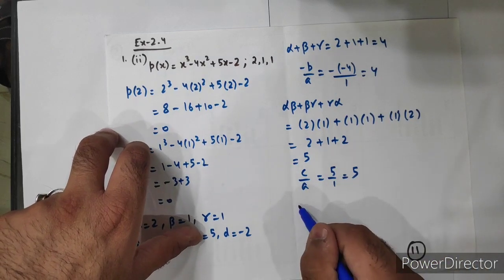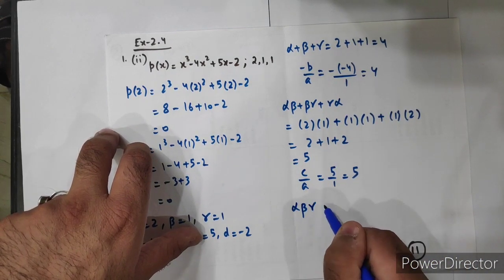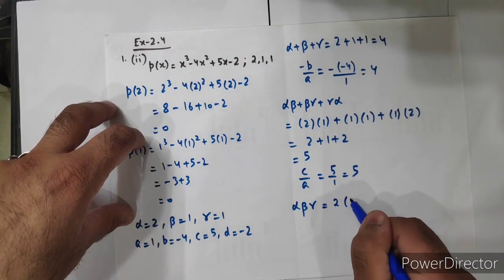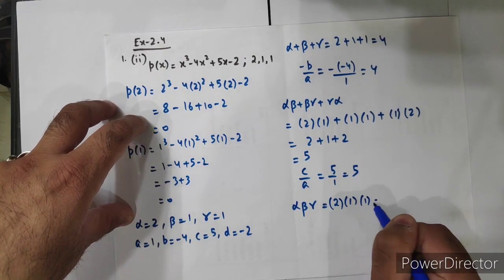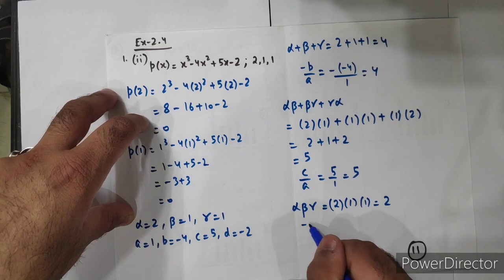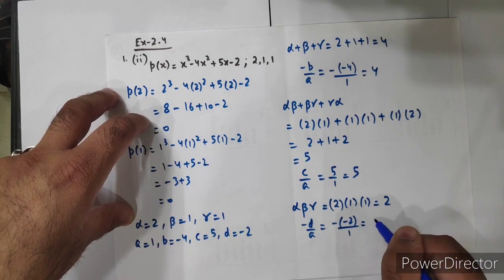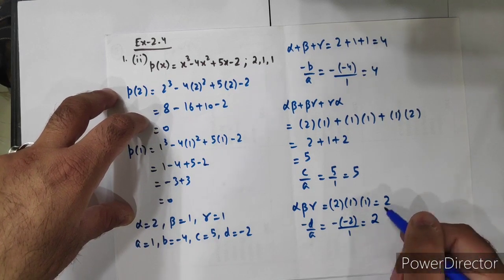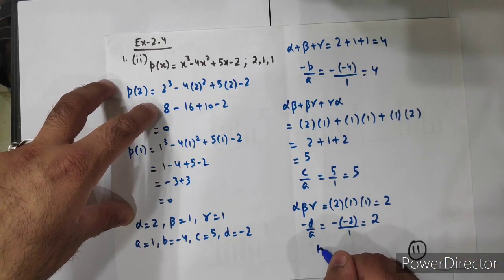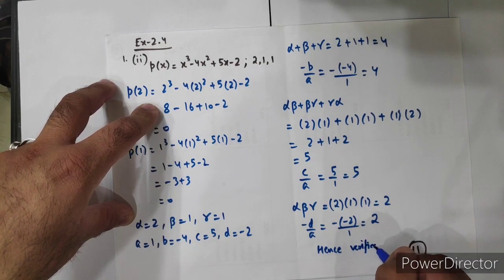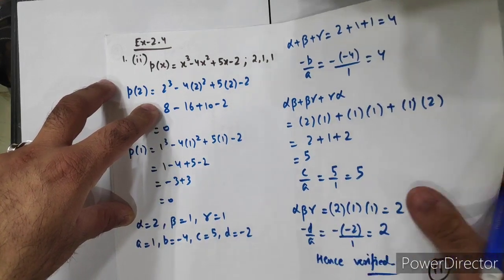Both are equal. Last we have the product of zeros, alpha beta gamma, which is 2 into 1 into 1, so the product is 2. And minus d upon a, where d is minus 2, is also 2. So this is also equal. We need to verify only that all these come out equal. So the first part you can now do.